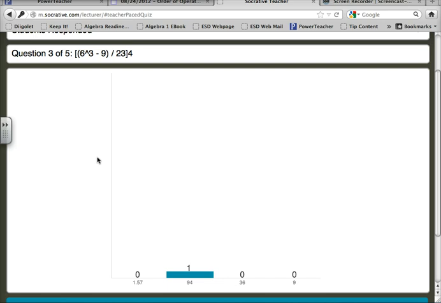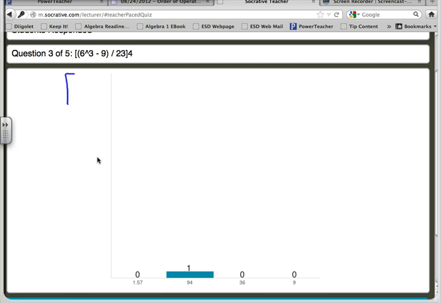If you were to write this problem out, it will look like this. That's what it looks like.